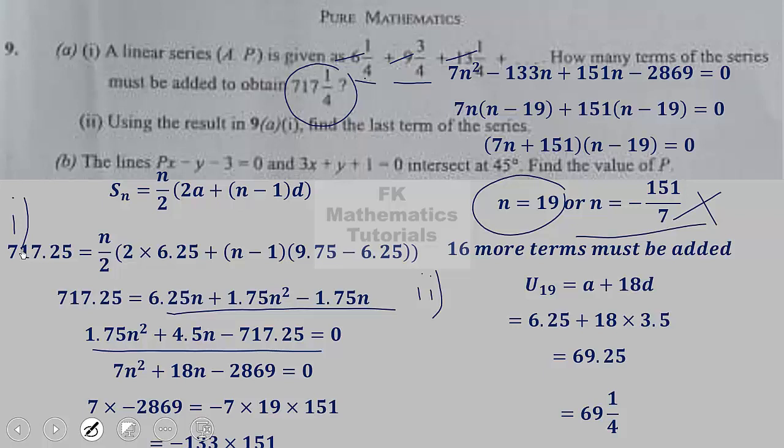The b part of this question: the lines px minus y minus 3 equals 0 and 3x plus y plus 1 equals 0 intersect at 45 degrees. We are to find the value of p.